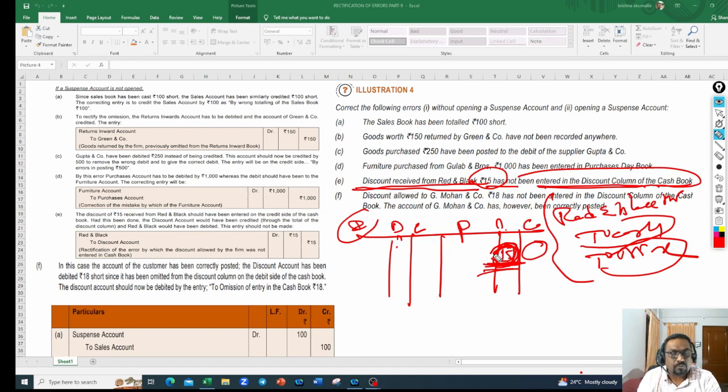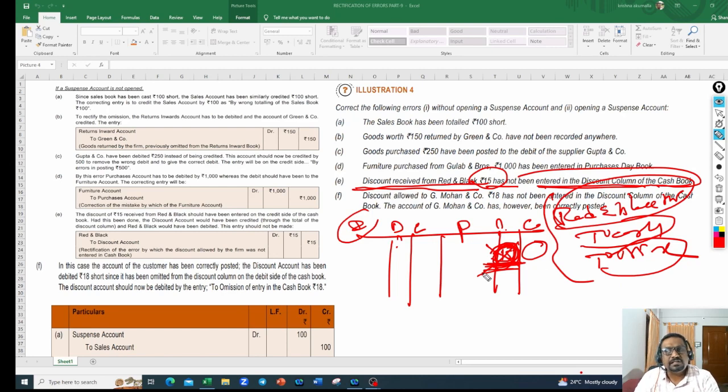One is discount account, the other one is personal account, which is Red and Black. Since this 15 rupees is not recorded in the discount column, it will have impact in the discount account as well as the personal account.